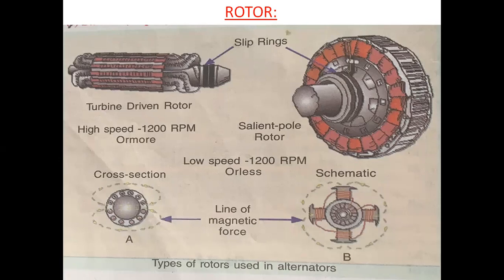Next, coming to the smooth cylindrical type, the second type of rotor. It is used for steam turbine alternators, that is turbo alternators. These have small diameters and large axial lengths, so they can run at high speeds. If you take the diameter at a high value, there is no possibility of running at high speeds. It is very difficult.